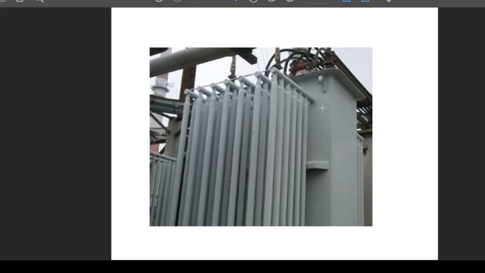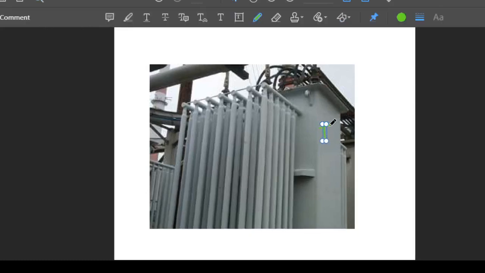Since this portion is your transformer, let me highlight this. This is your transformer portion, right? By nature, there will be heat transferring through this chamber, and heat will be dissipated to your atmosphere by means of radiation. So this is the radiation effect. And what about these tubes? These tubes are going to transfer heat by means of the convection method.